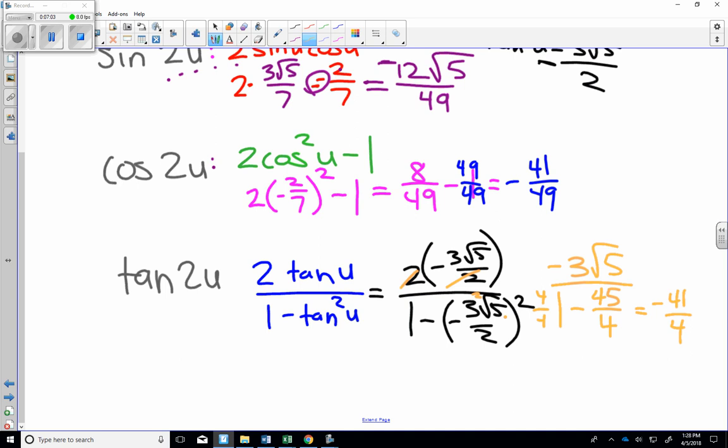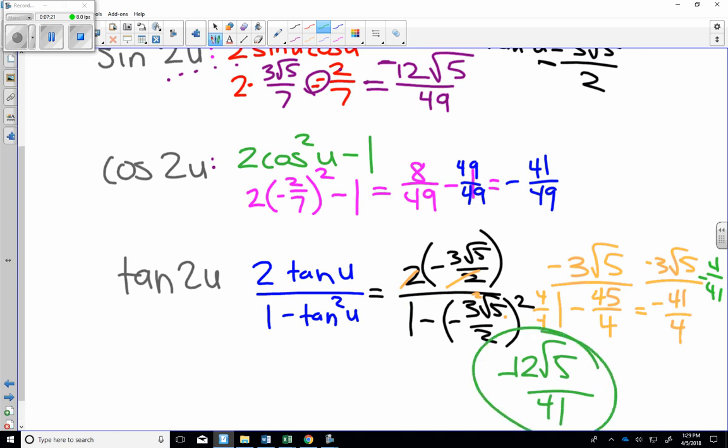Then you have to multiply by the reciprocal, and that's going to be 4 over 41. So it's a negative 12 square root of 5 over 41. And there is your tangent.